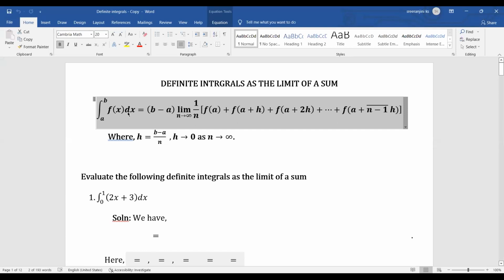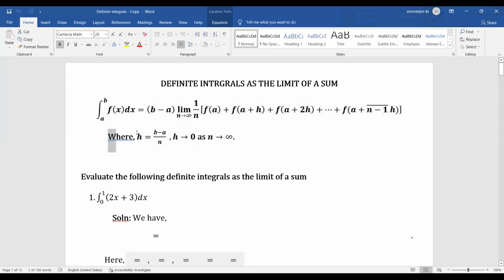Integral a to b f of x dx is equal to b minus a, upper limit minus lower limit, limit n tends to infinity, 1 by n, f of a plus f of a plus h plus f of a plus 2h plus etc. plus f of a plus n minus 1 h. Here a is the lower bound and h is b minus a by n.